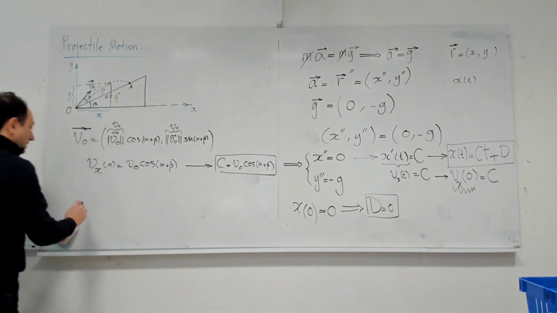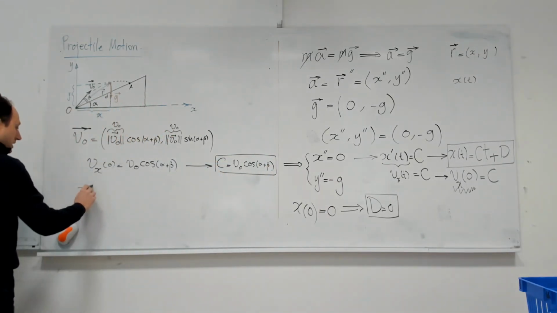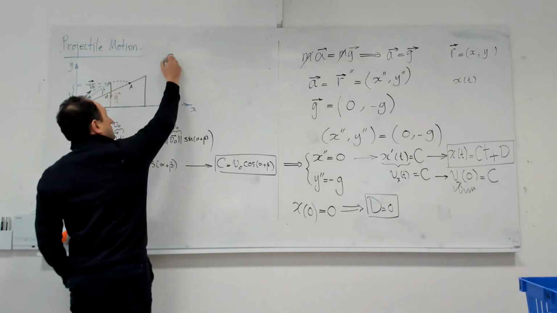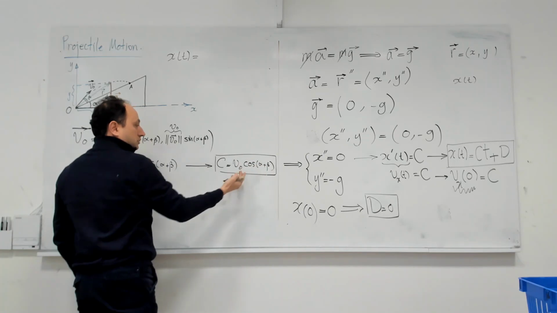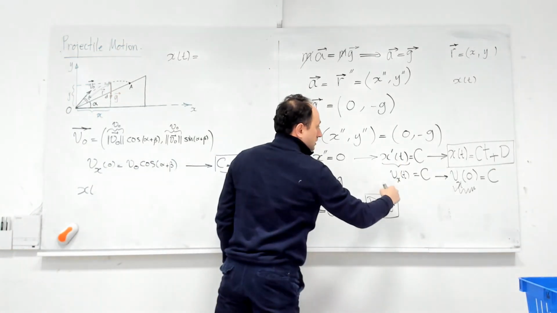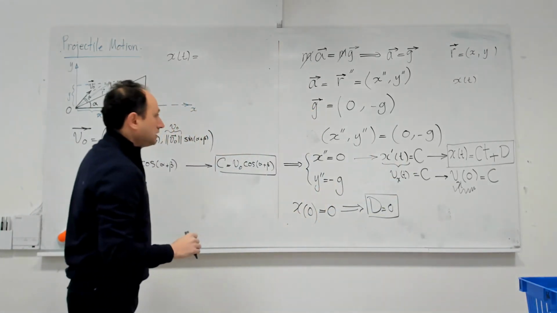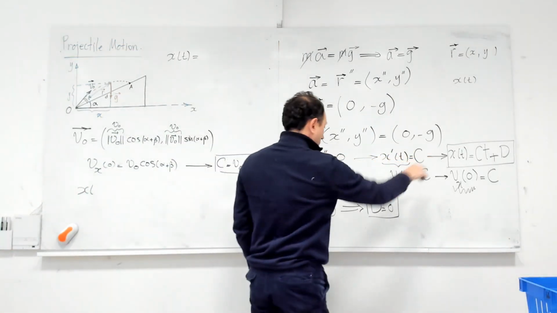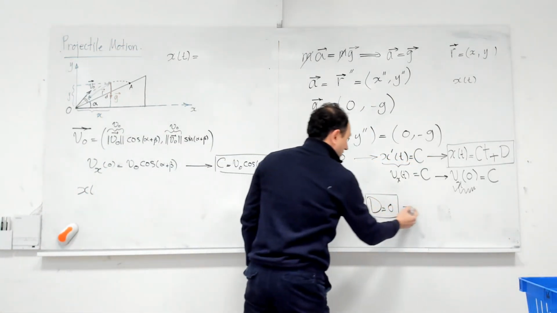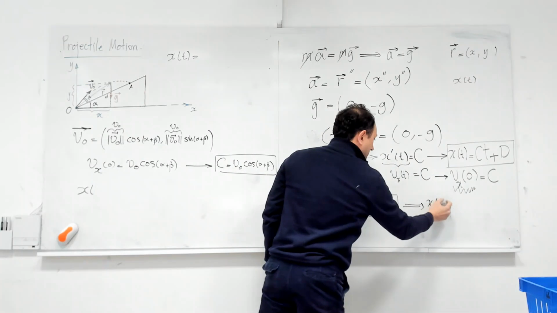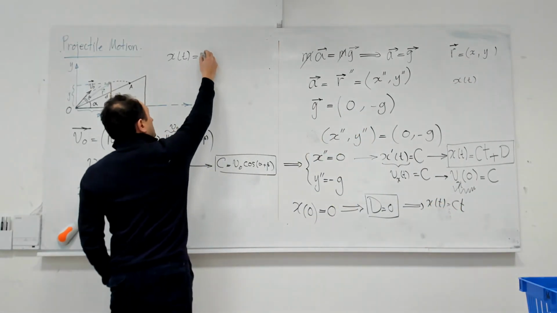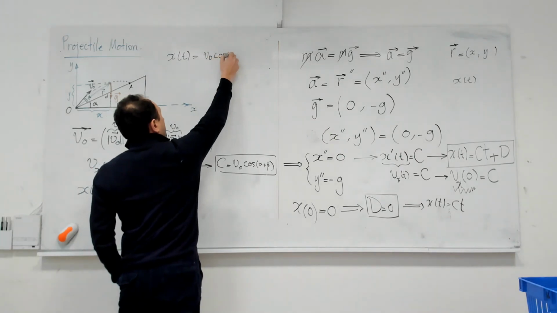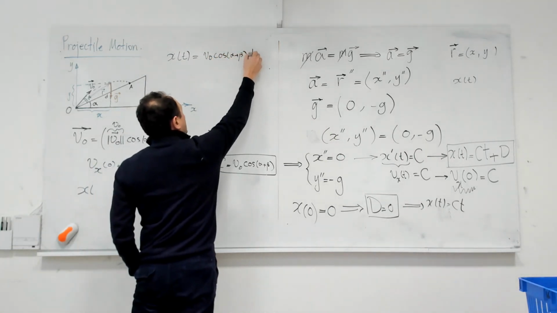Okay, so what we can get, let me write it here. What I get is x of t is this number times t. Yes, because I didn't write it here, sorry. x of t is ct. And then I got c, I put it there, so this becomes V0 cosine of alpha plus beta times t.